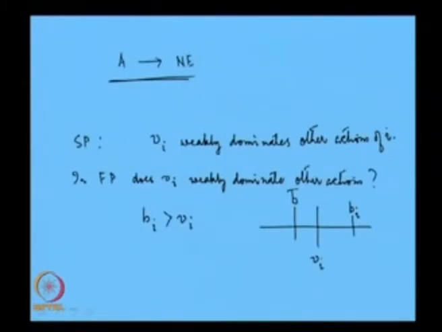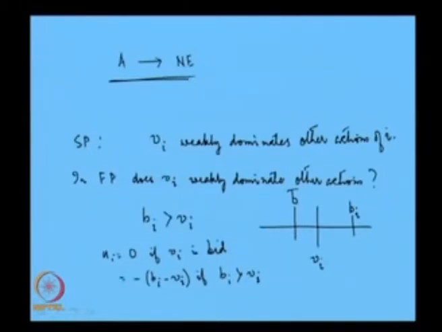So, Ui is equal to 0 if Vi is bid, and is equal to a negative value if Bi is bid. So, in this case, if B bar is less than Vi, then Vi is a better action than Bi.